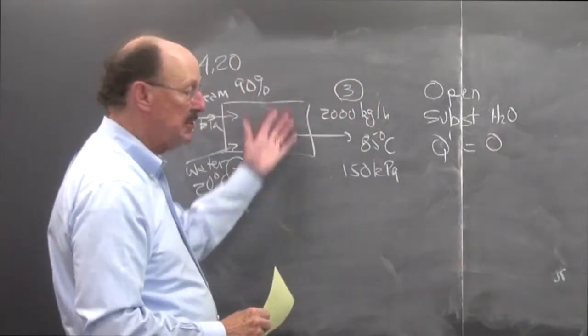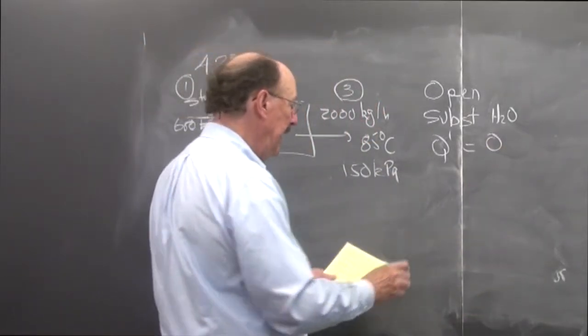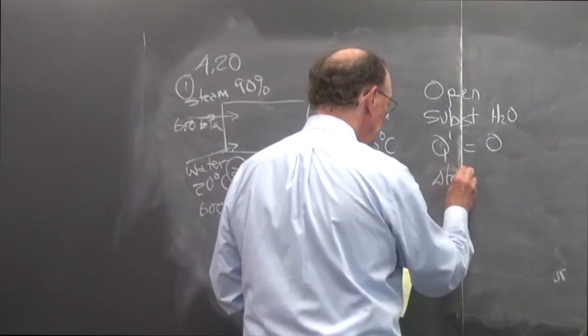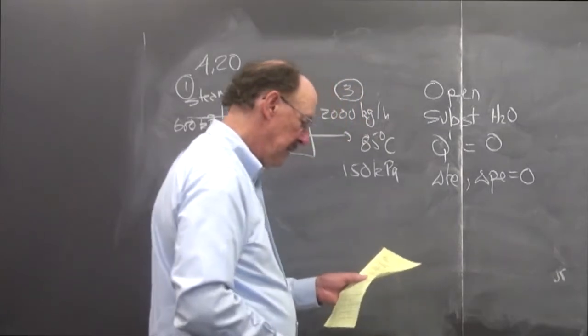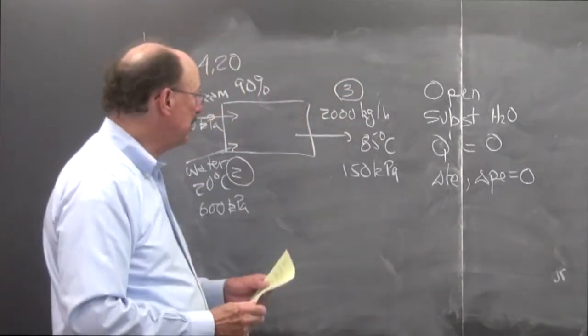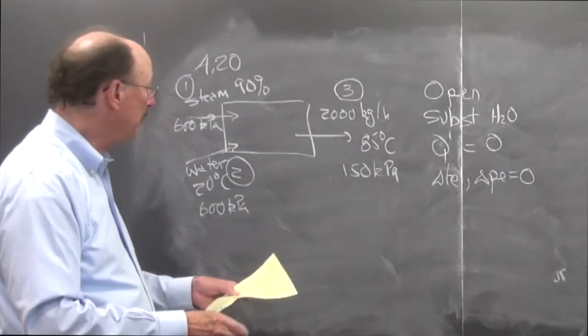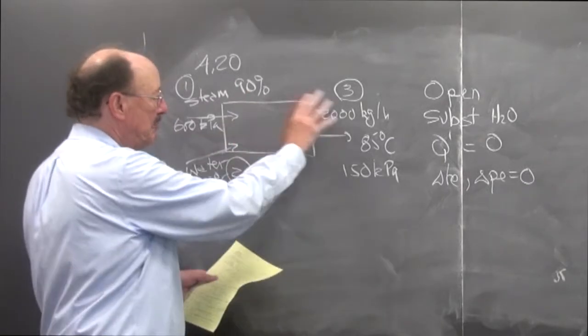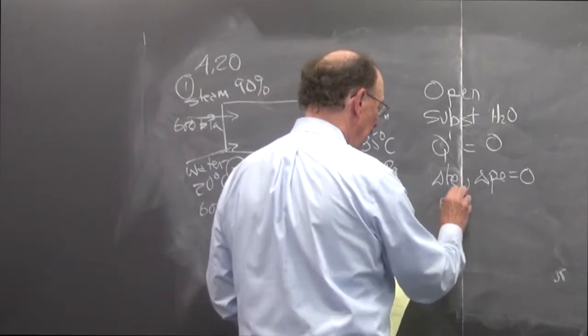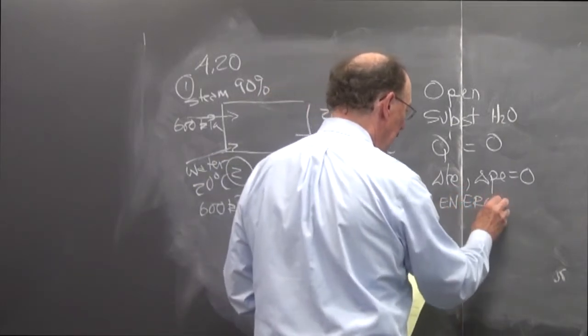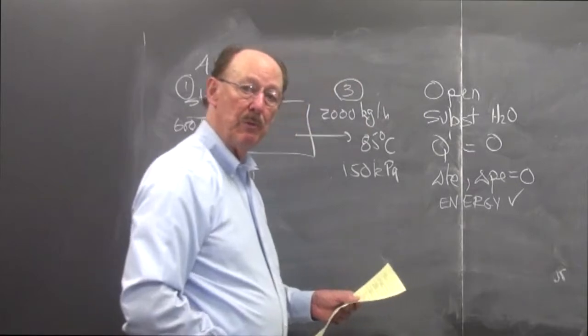There's no heat loss. And delta KE and delta PE are equal to 0. So I can write the first law in terms of enthalpies. So what I'm going to eventually do is find the enthalpies here. So energy is involved. Yes, so we write the first law.